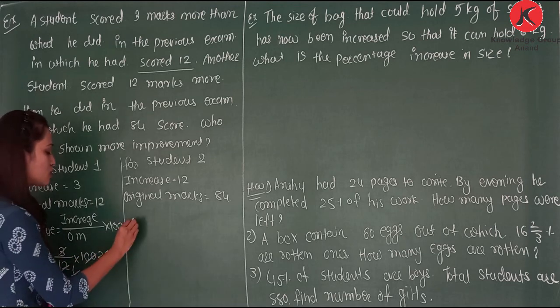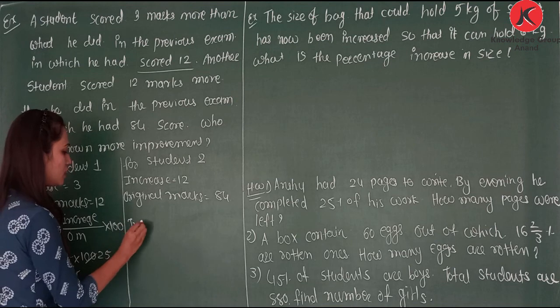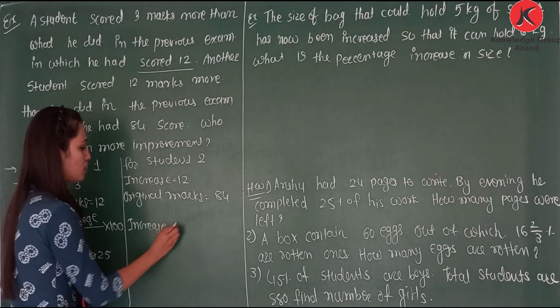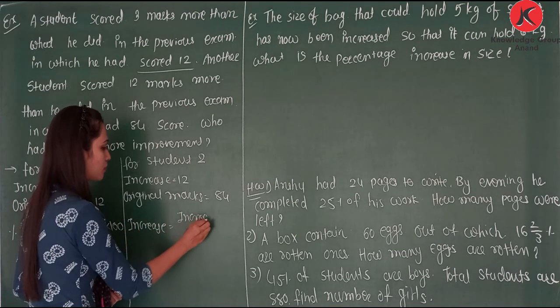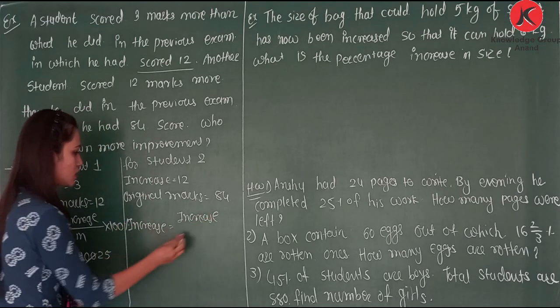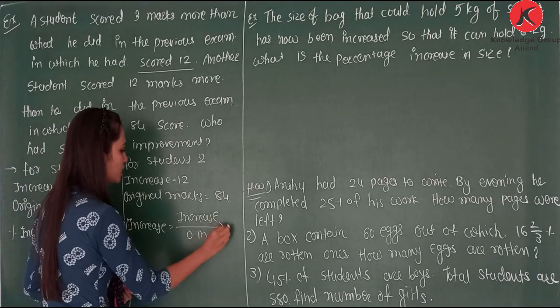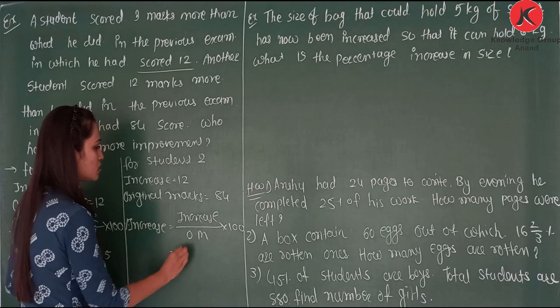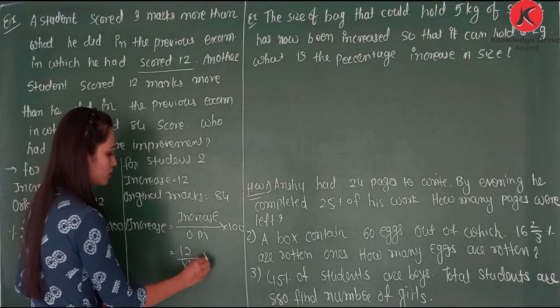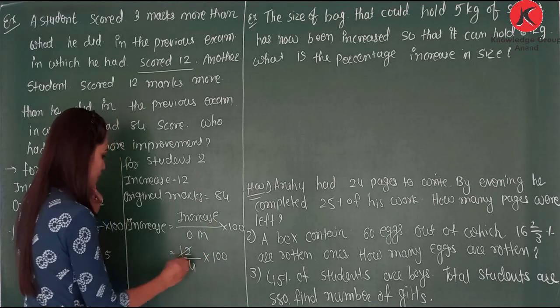Now for second student, increase percentage is equal to increase divide original marks multiply 100. Increase is of 12 marks, original 84.